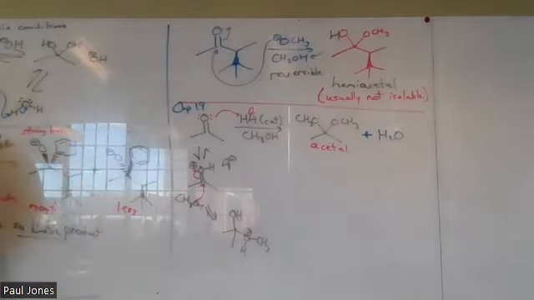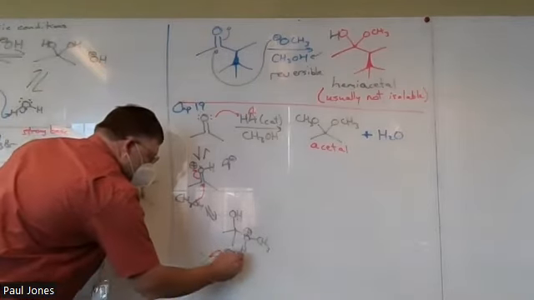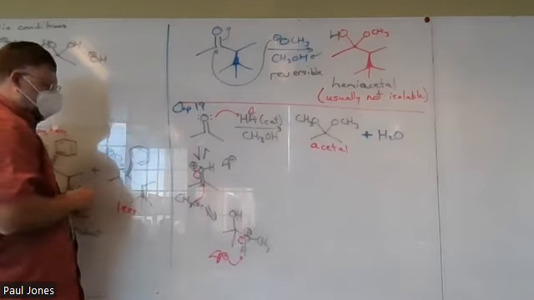Honestly, you can use methanol then to take that proton, or you can use A minus, I don't really care. A minus is maybe a little bit more conceptually easy. So A minus takes that proton.